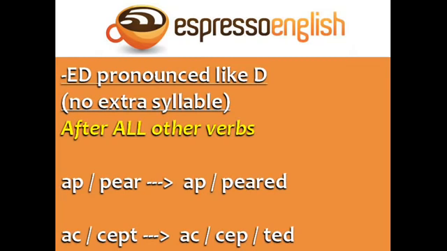Appear has 2 syllables, and appeared also has 2 syllables. Don't pronounce it appeared with 3. This is different from the verb accept. The past of accept is accepted. Accept has 2 syllables, and accepted has 3 syllables.